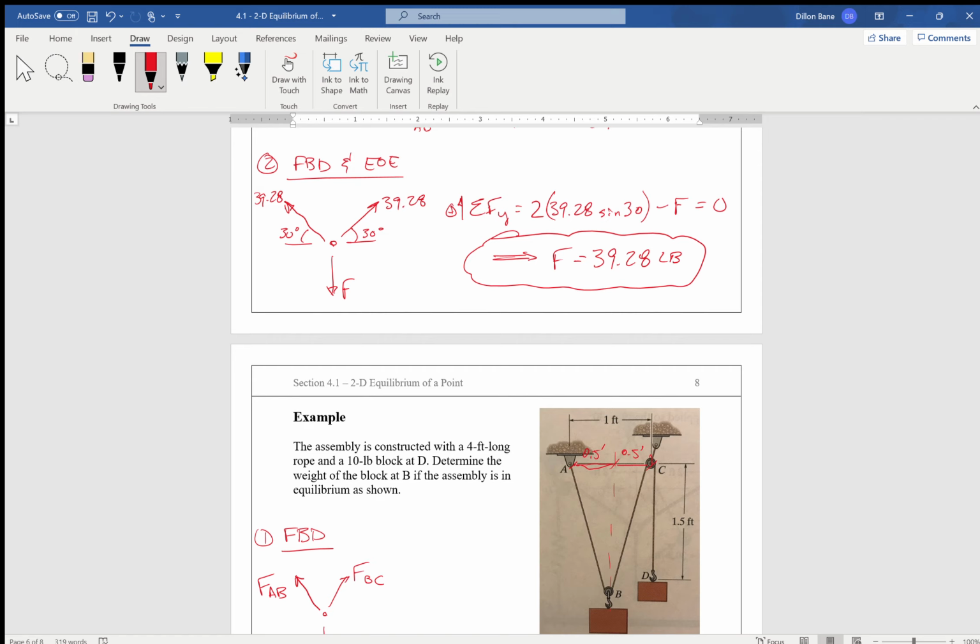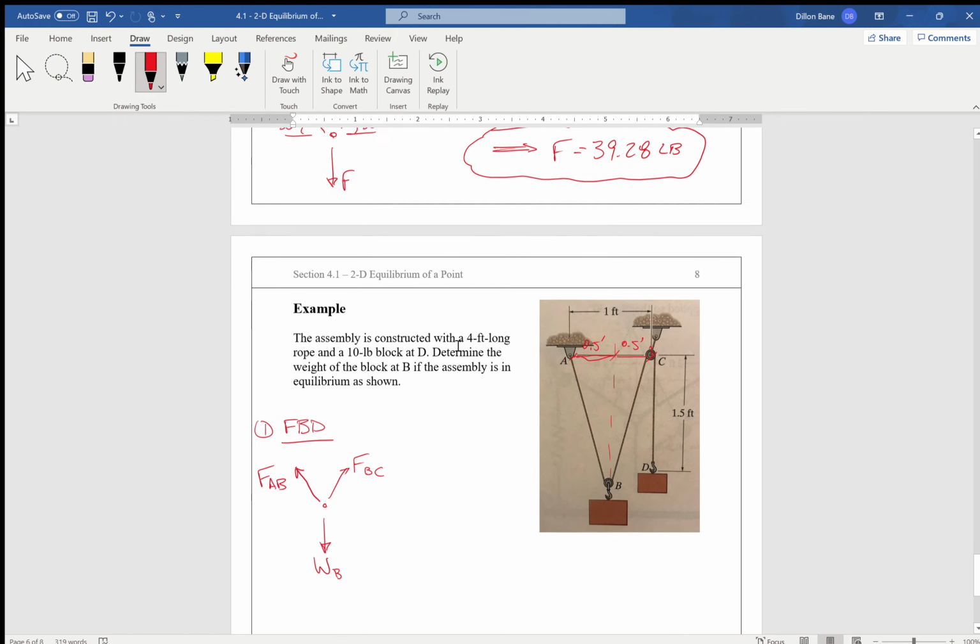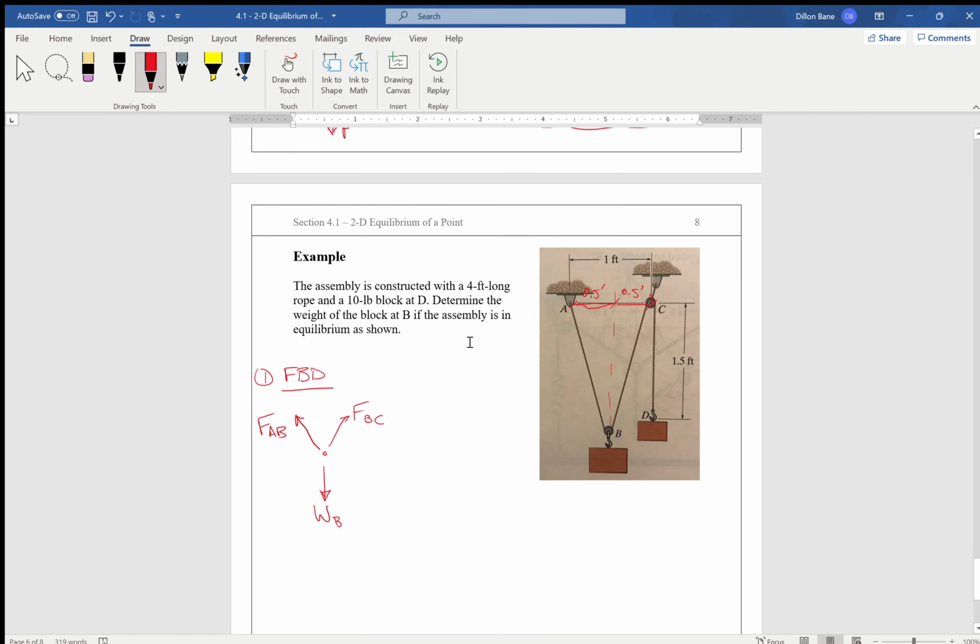But what about the hypotenuse AB, or the dimension from point B up to the horizontal here? How can we figure this out? We have to kind of rely on our instincts here to know that the assembly is constructed with a 4 foot long rope. So 4 feet long is the total length from A, B, C, and D.